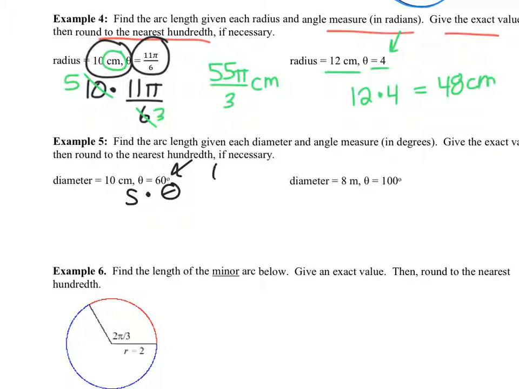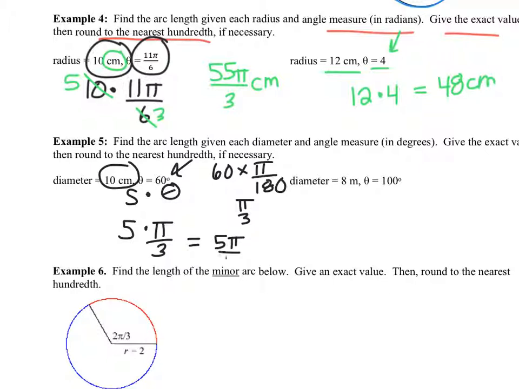So 60 degrees is going to be, multiply it by pi over 180. 180 divided by 60 is 3. So it's going to be pi over 3. So my diameter is 10, my radius is 5. So it's 5 times pi over 3, which is 5 pi over 3 centimeters.